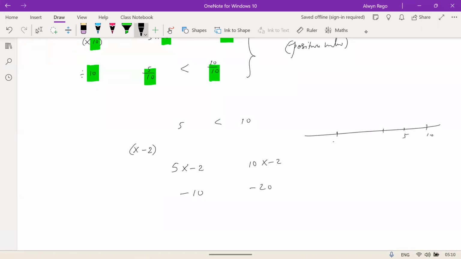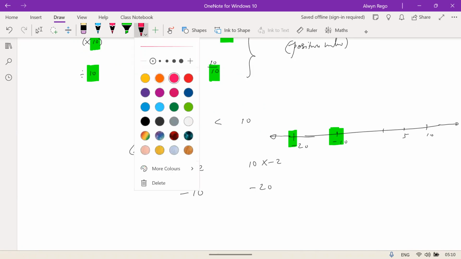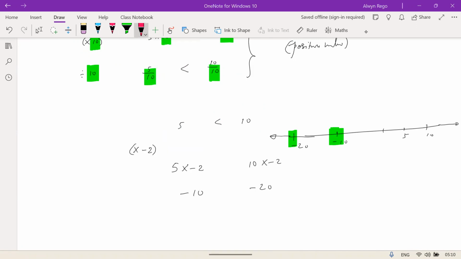Maybe this is -10 and this is -20 here. You certainly know that -10 is greater than -20. The number on the right-hand side, on the number line, is always greater. -10 is more than -20. So the inequality has switched. You'll find that this is no more lesser, but this is more than this.